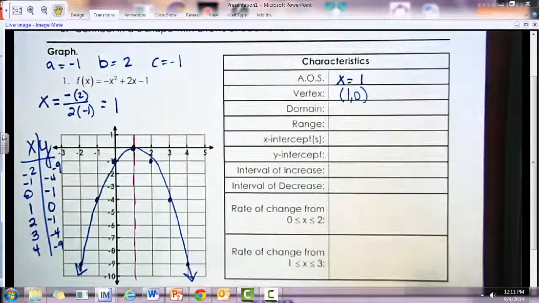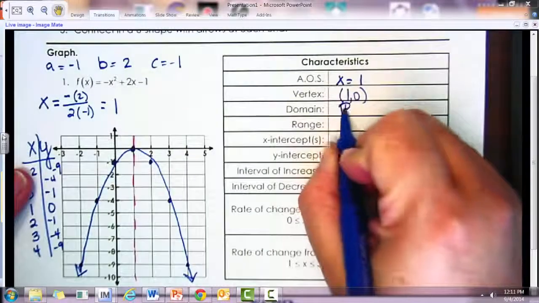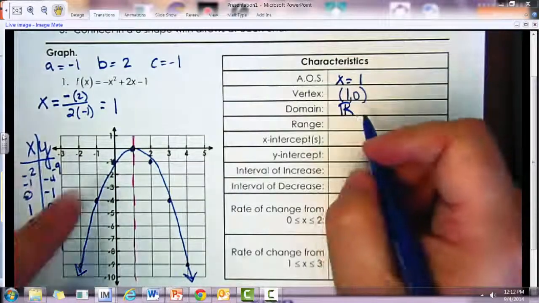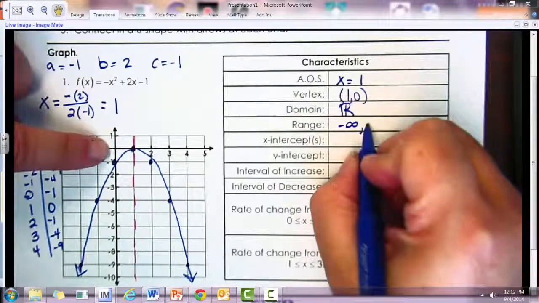Now let's answer those questions about the characteristics. The domain is always all real numbers. The smallest y value is negative infinity. The largest y value is 0.